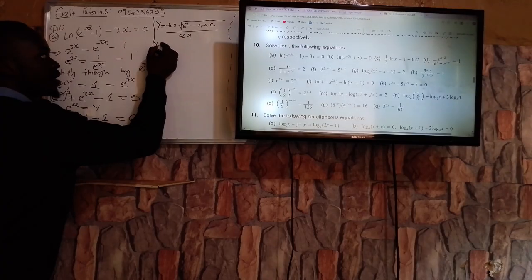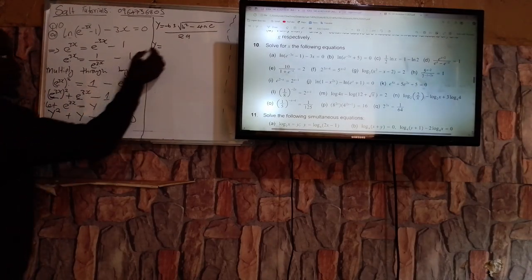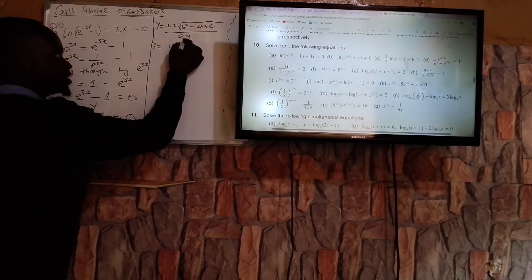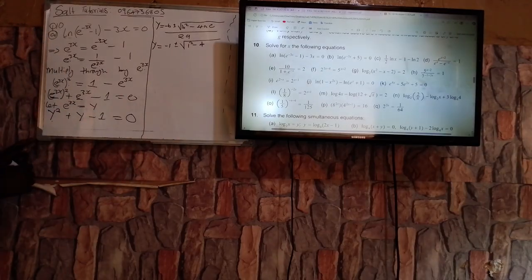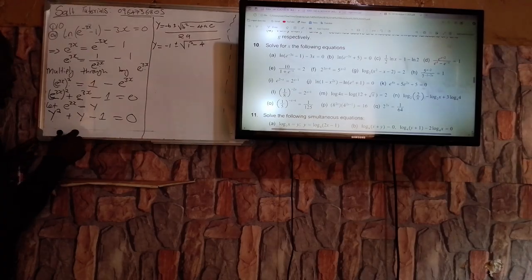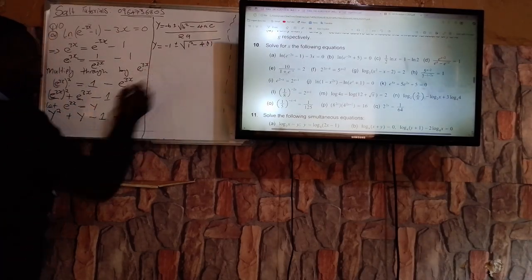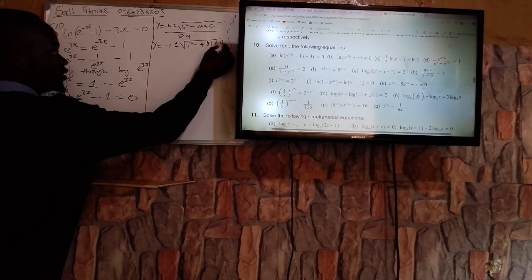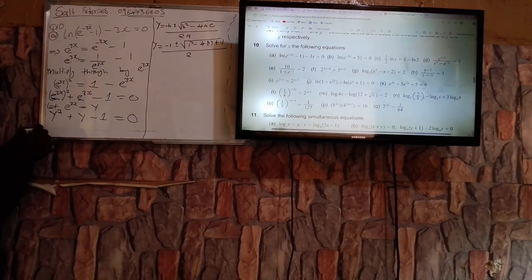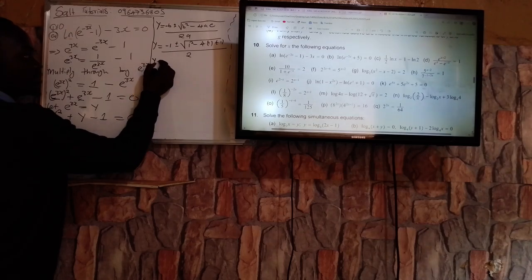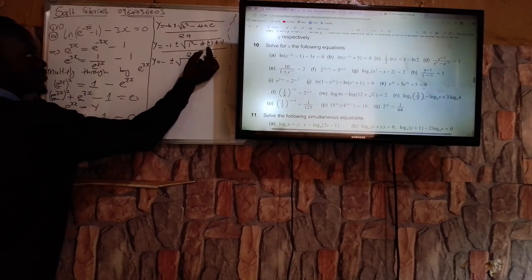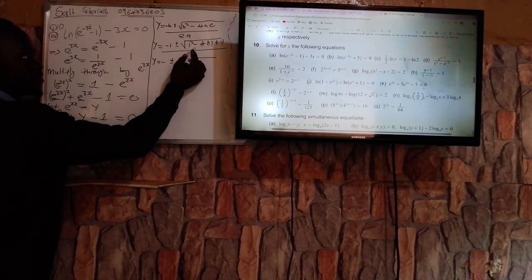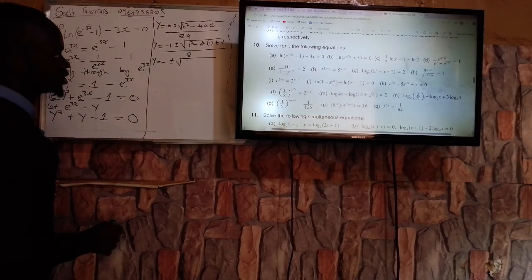So y equals negative 1, plus or minus the square root of 1 squared minus 4, where a is 1 and c is negative 1, over 2, because a is 1.